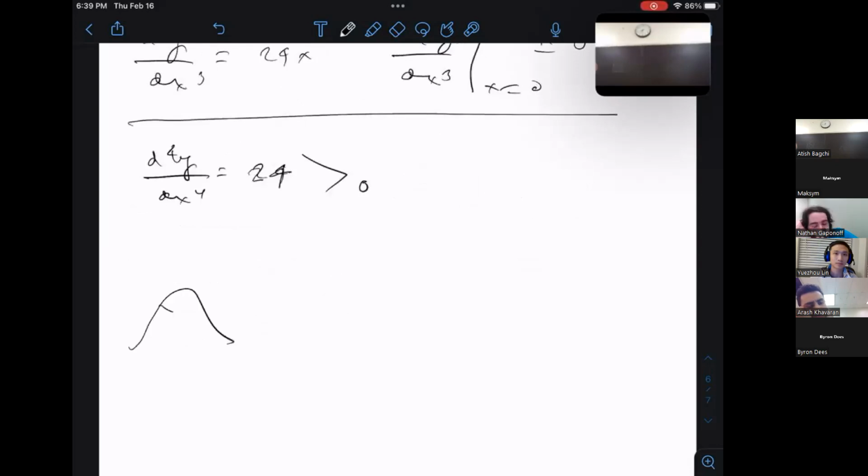This is a local maximum. This is a local minimum. But then you also can have things like the horse's saddle, which is a minimum in one direction and maximum in the other. You see, like the back of a horse. Okay?